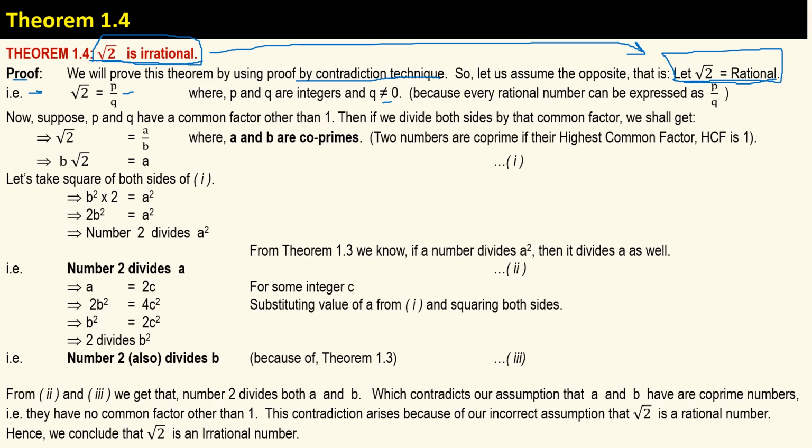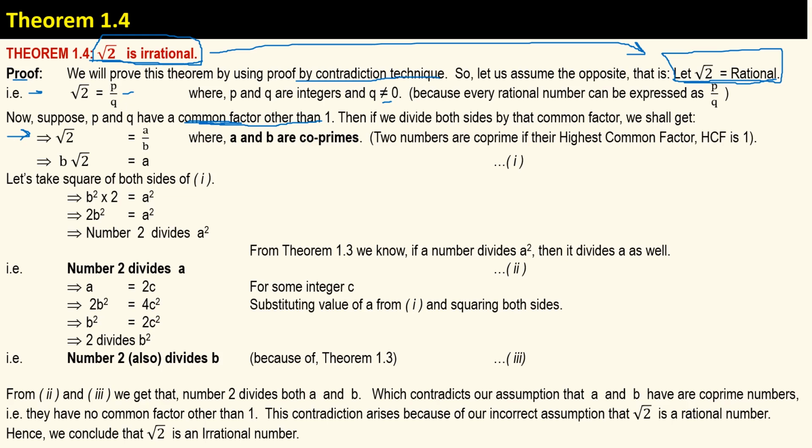Now suppose p and q have a common factor other than 1. Then if we divide both the sides by that common factor, we shall get square root of 2 is equal to a by b. Note that we have assumed p and q are any integers, not necessarily prime numbers. So we can divide them by some factor which is common to p and q.